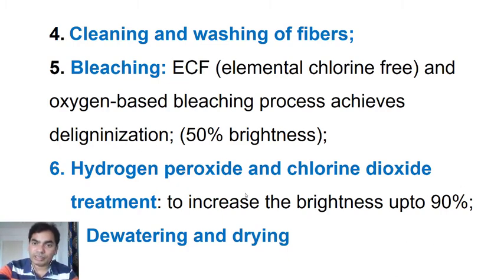Hydrogen peroxide and chlorine dioxide treatment increase the brightness up to 90%. After increasing the brightness, the price in the market will also rise. And then finally dewatering and drying the cellulose, and finally it will come to the market.